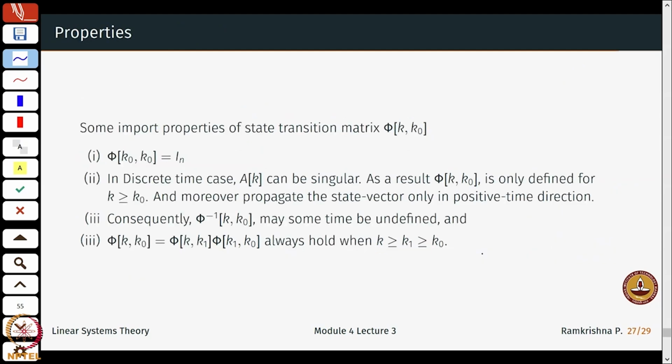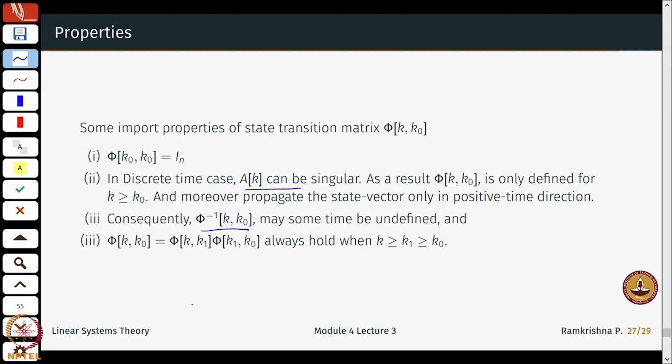Okay. So, the properties again will translate very nicely from the continuous time case to the discrete time case, such as what is the identity and so on. The only thing we could encounter, and we will talk about this explicitly while we are talking of controllability of discrete time systems, is that this matrix A of k can sometimes be singular, and therefore, the phi inverse may not necessarily be defined all the time.